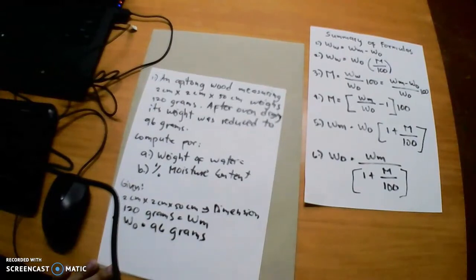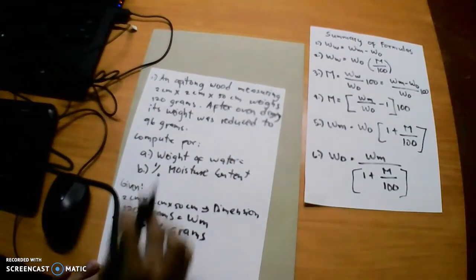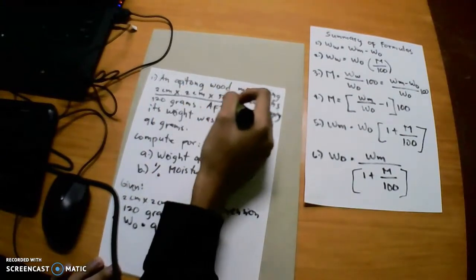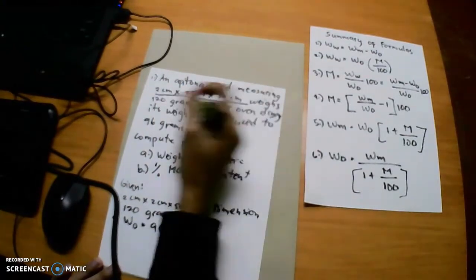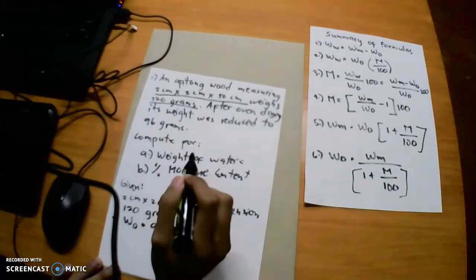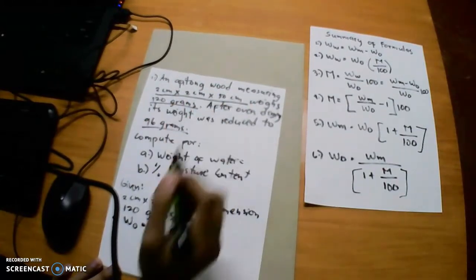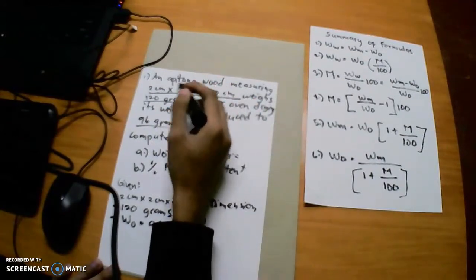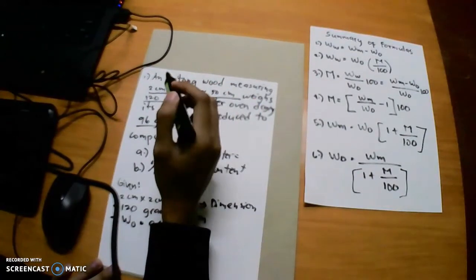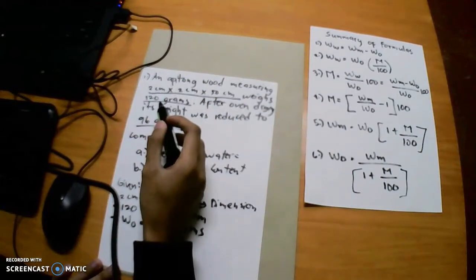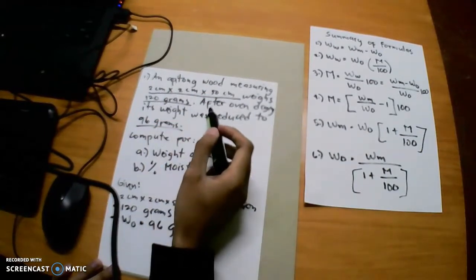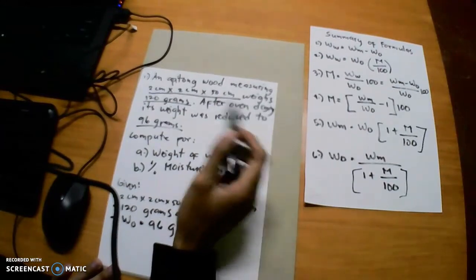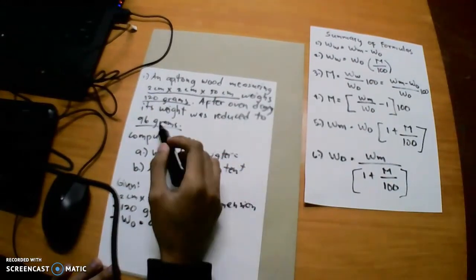Okay? If you analyze the problem, so may nakita given there is ato nga problem. Nga una, may dimension. Ikaduha, may timbang, 120 grams. So, ang pasabot na, that is the fresh weight of that piece of wood, 120 grams. Naka-state there, after oven drying, gin-dry ang wood, na-reduce siya into 96 grams.